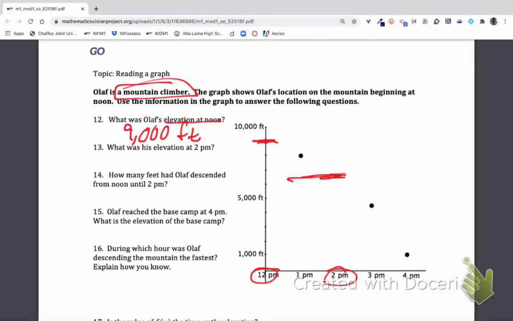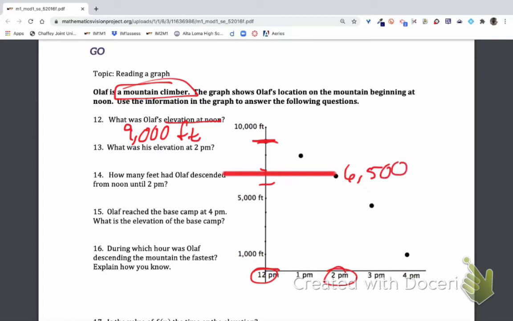If I wanted to have a perfectly straight line, I guess we could go here and see that it's somewhere between 6,000 and 7,000. So just for right now, let's say that it's 6,500. Okay. It's not completely accurate, but it is an estimate.